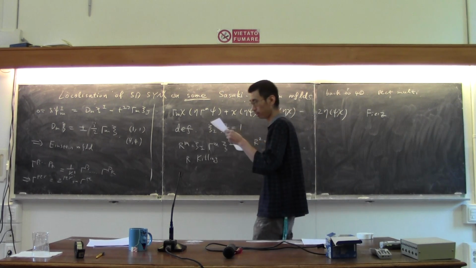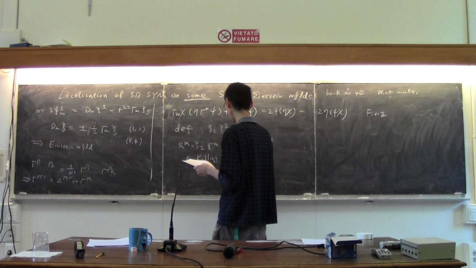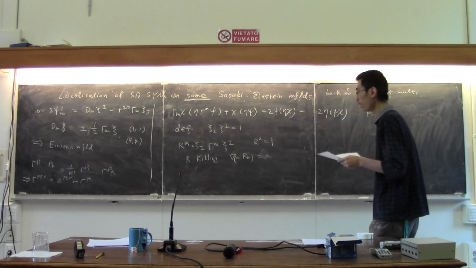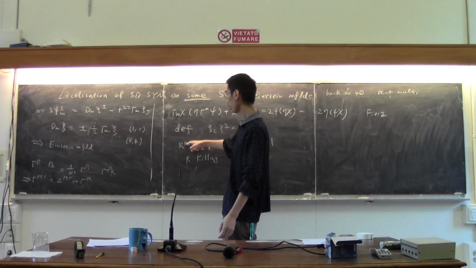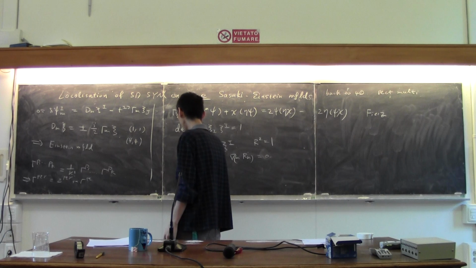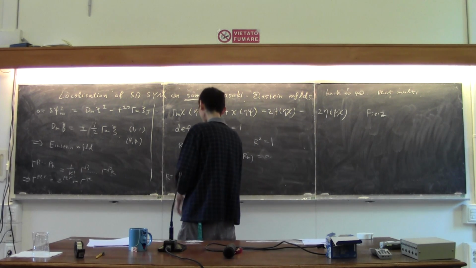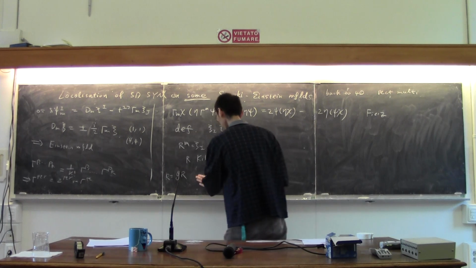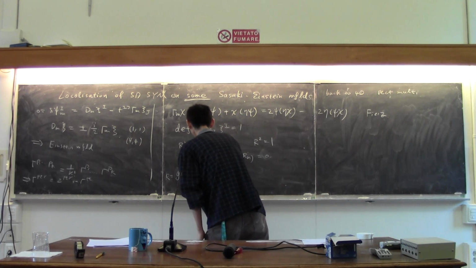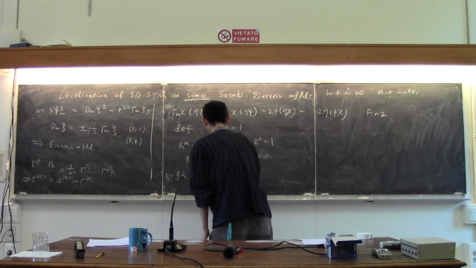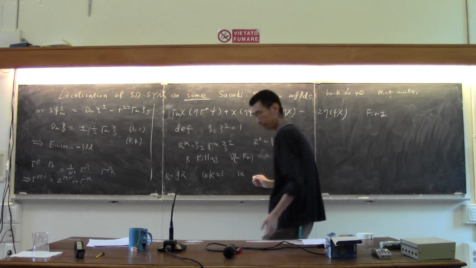What else can you deduce? Killing means that the Lie derivative of E along R is equal to 0. And if I use the metric to lower one index, so if I call kappa equal to g times R with one index lowered, this is a one-form. Of course, it satisfies the following. So now kappa of R is equal to 1.